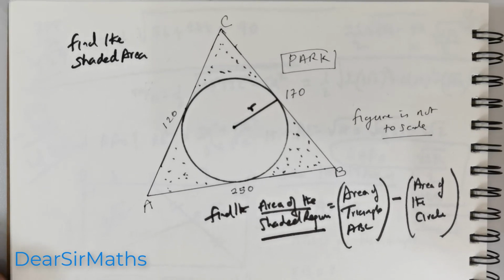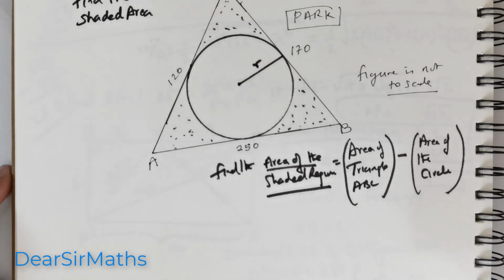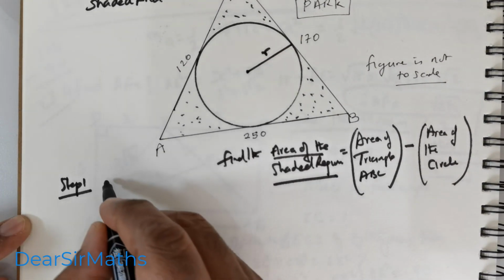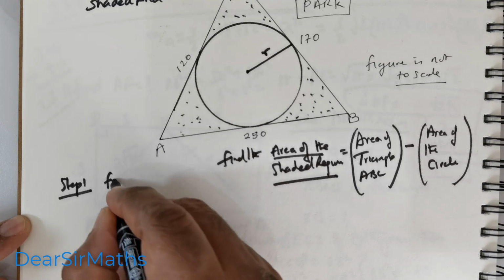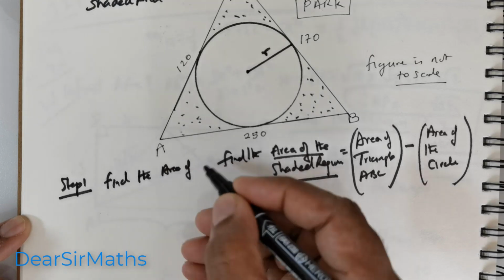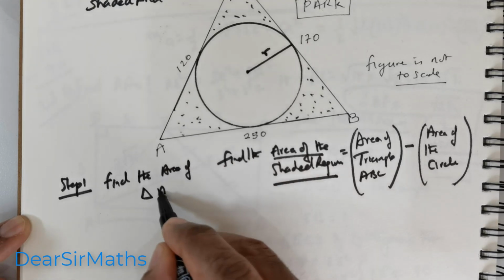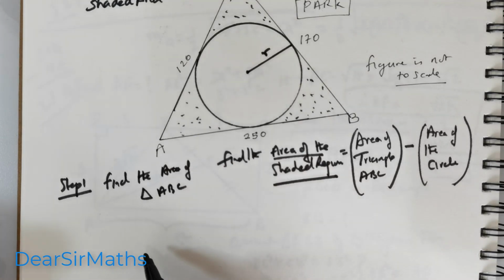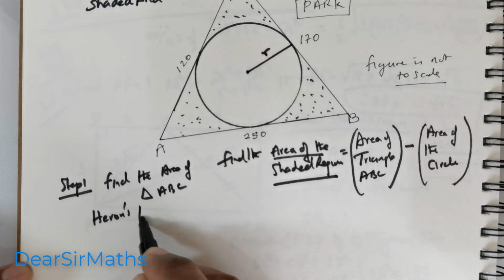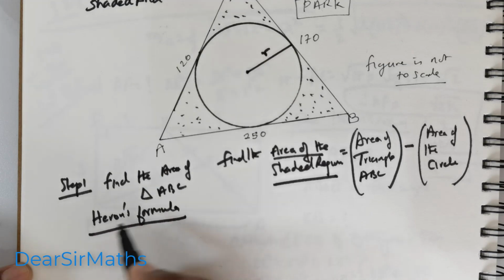So foremost, this is my step 1. I would like to find the area of the triangle ABC. For that I would like to utilize Heron's formula. Now why am I utilizing Heron's formula?